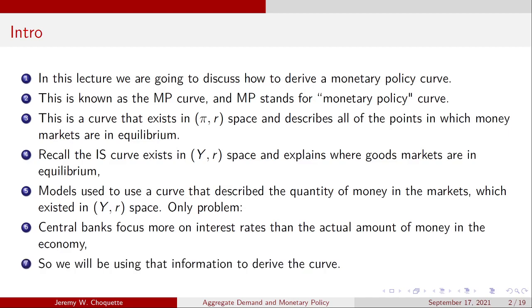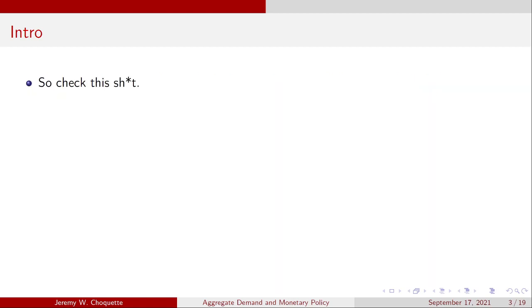They're more directly concerned with interest rates. So because of that, we have to use that information to derive this curve instead of looking at something that's explaining the quantity of money in and of itself, because the quantity of money, like I said, isn't as important. It's more the interest rate, or the price of money, so to speak, right?